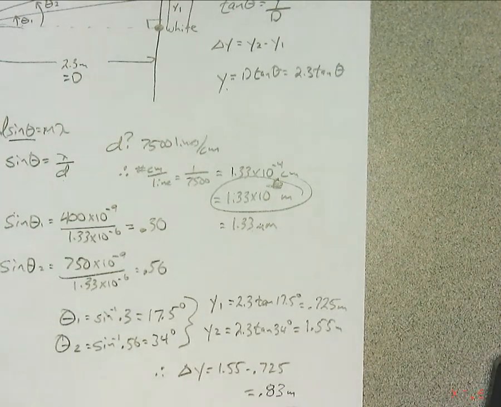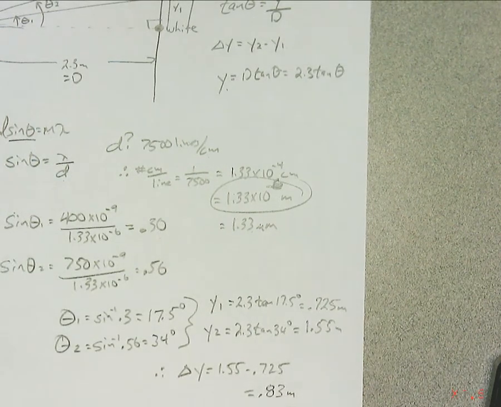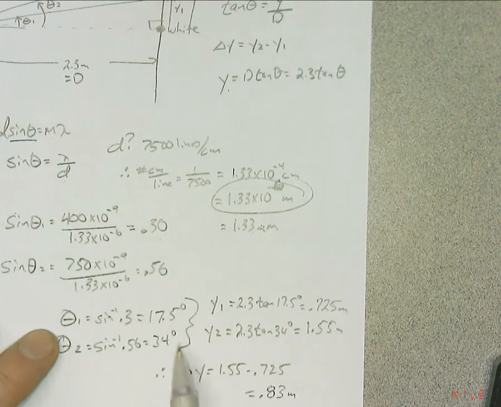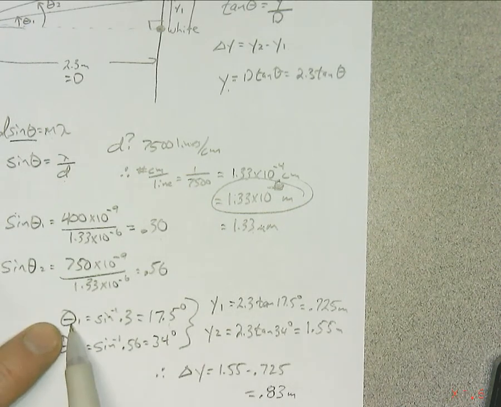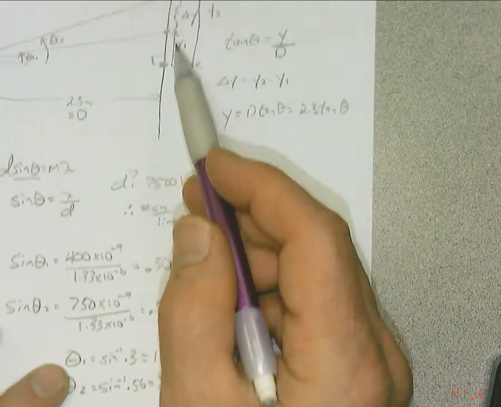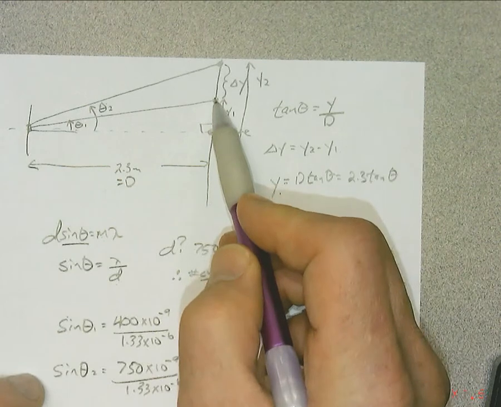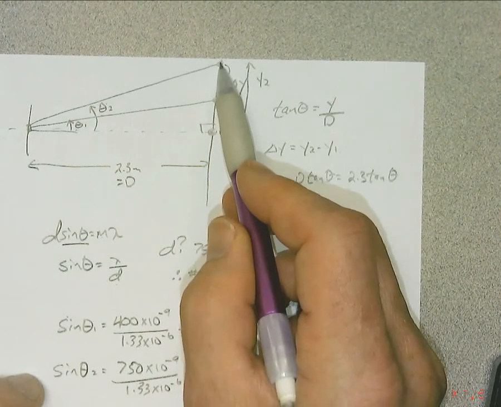And now the other question is, which one appears first on the spectrum? We see that theta 1 is the smaller angle, so that would be the one that appears first, and then we move on to the one that appears last, which is the larger angle.